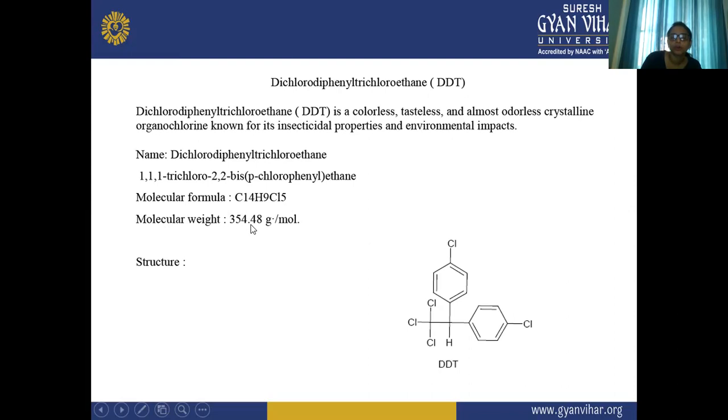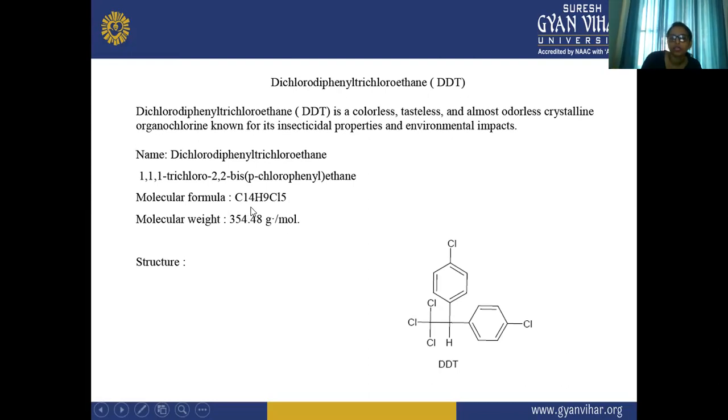So C14 because you can count the carbon atoms: on both the benzene rings there are 6 carbon atoms each, so total is 12, and ethane contains the 2 carbon atoms, so a total of 14 carbon atoms are there.